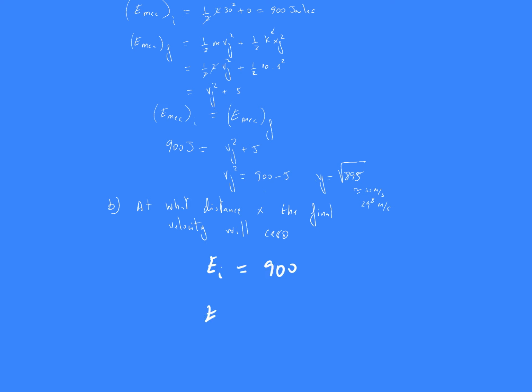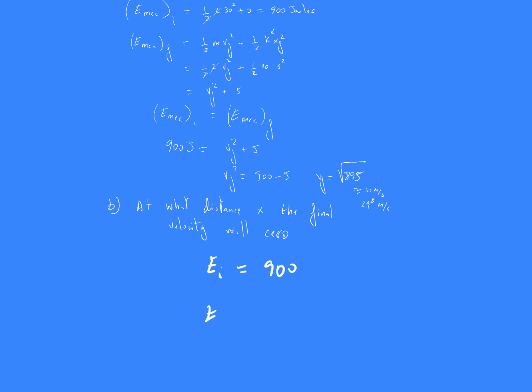So 900 divided by 5 is how much? 180. So x squared is 180 meters squared, and x is the square root of 180, which is more or less 13.5 meters.